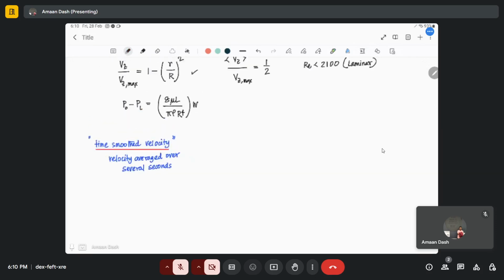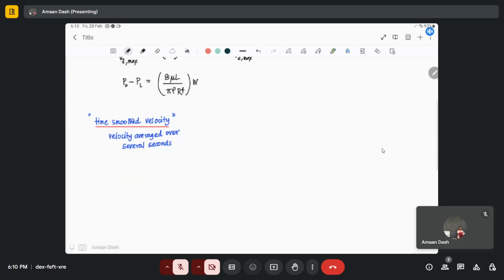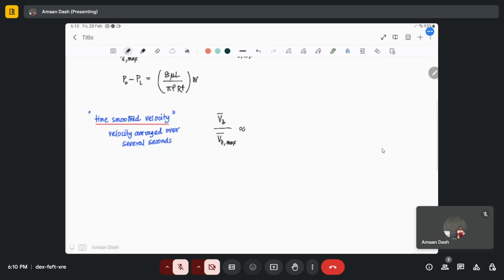So for turbulent flow, we can write Vz bar, I'm writing Vz bar for the time smoothed velocity, divided by Vz bar max, and this is approximately equal to 1 minus r by capital R to the power of 1 by 7.